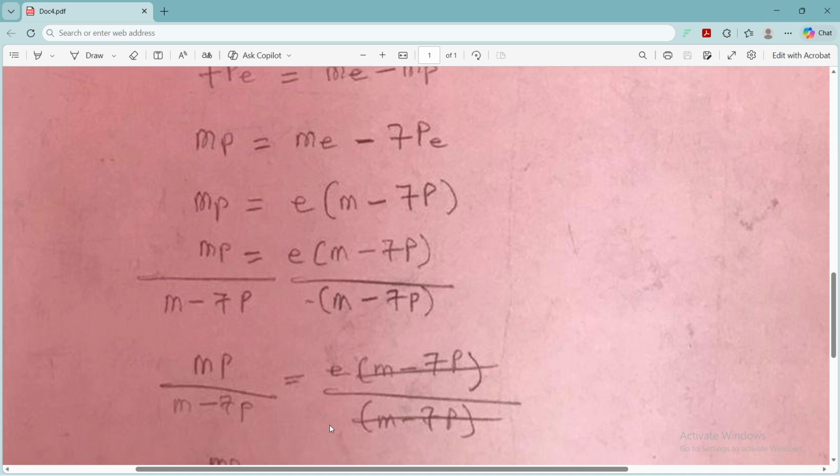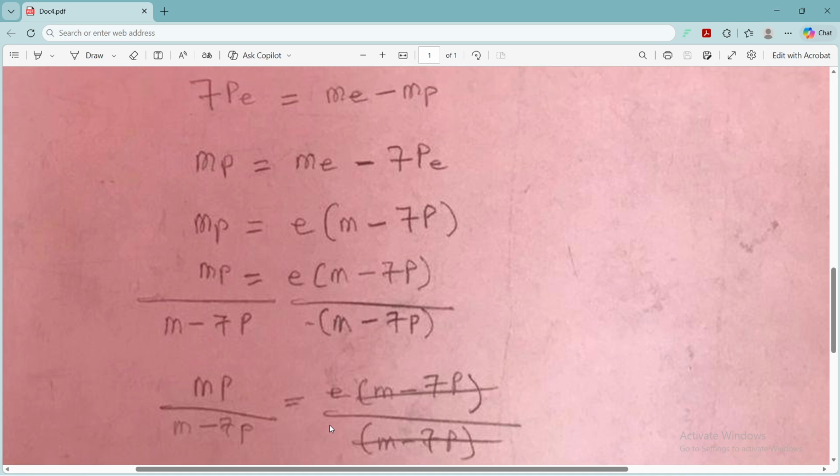So our new equation is the fraction MP divided by M minus 7P is equal to the fraction E multiply all in brackets M minus 7P divided by all in brackets M minus 7P. So M minus 7P will cancel itself out, right?